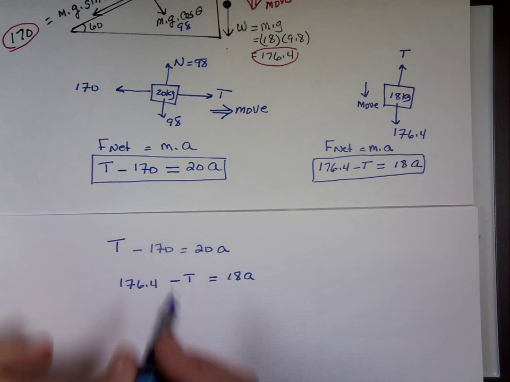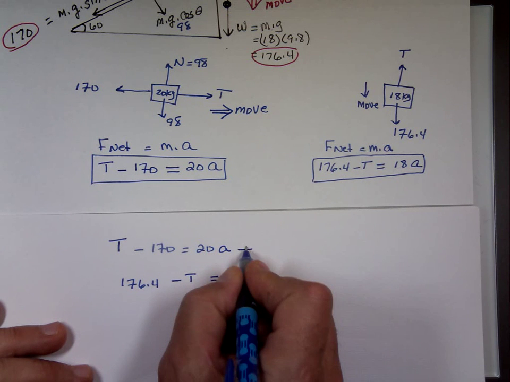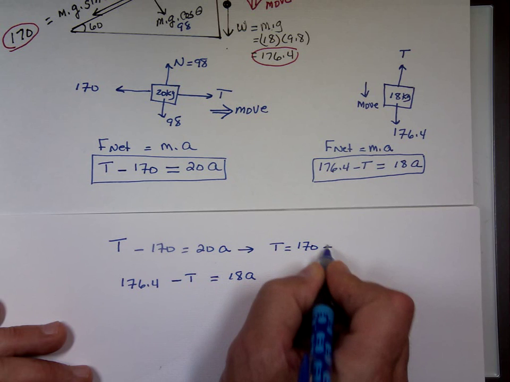If I move this one here, if I solve it for t, I get t equals 170 plus 20a.